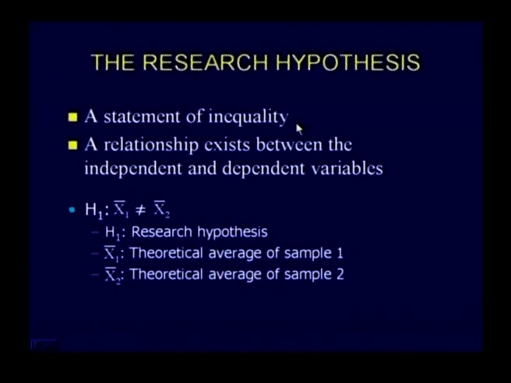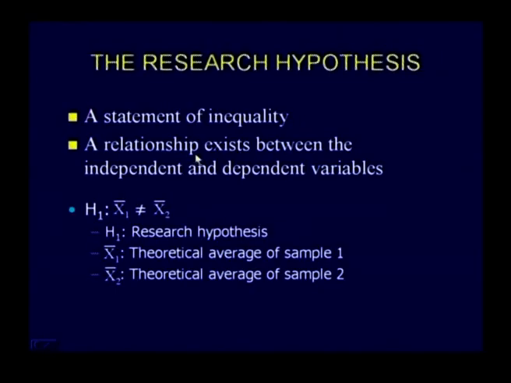The second type of hypothesis is called research hypothesis. Research hypothesis is a statement of inequality as compared to null hypothesis. Null hypothesis was a statement of equality, that there is no difference due to treatment. Now we assume that there is a difference, and we describe that a relationship exists between independent and dependent variable.